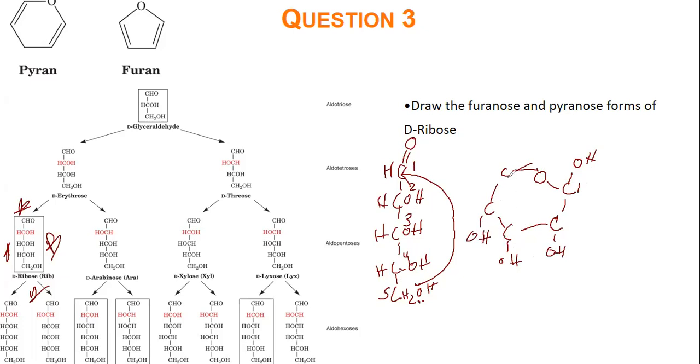And this will just have 2 hydrogens on it. You don't really see this form of ribose ever, but theoretically you could draw it like that. Yeah, that should be fine.